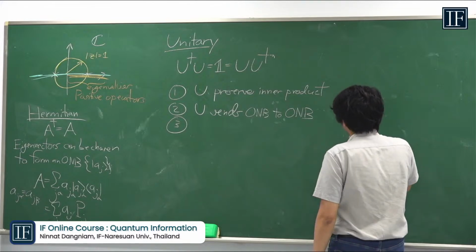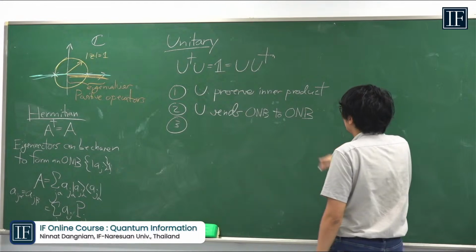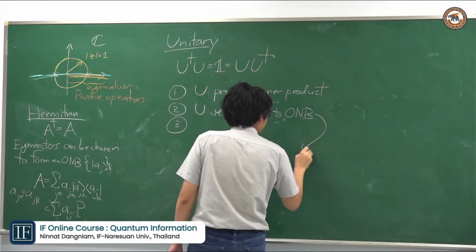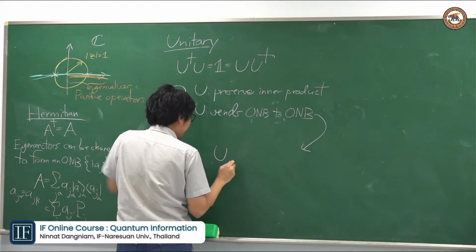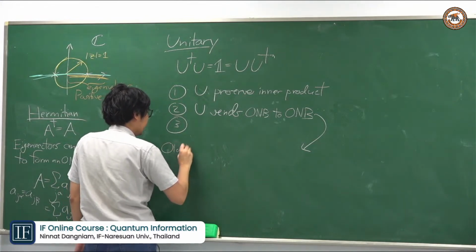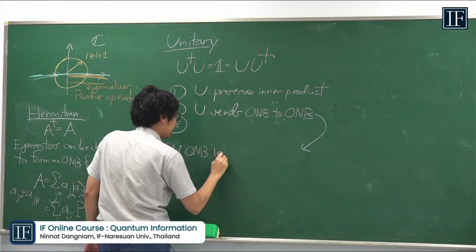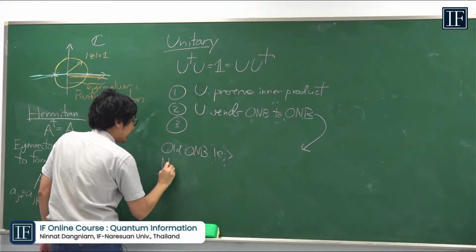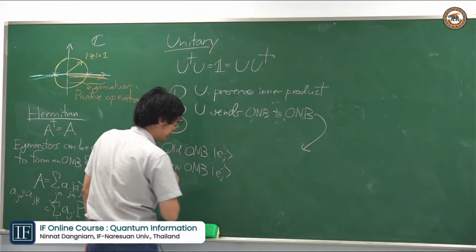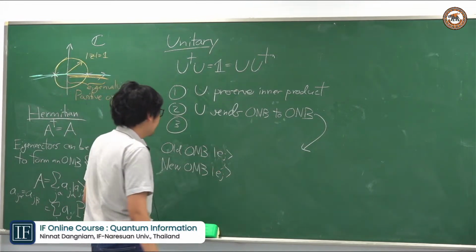This can be expressed quite conveniently in Dirac notation. Let's say I have an orthonormal basis e_j, and the new one, e_j prime. Just to be easy to remember, the prime is new in this example.